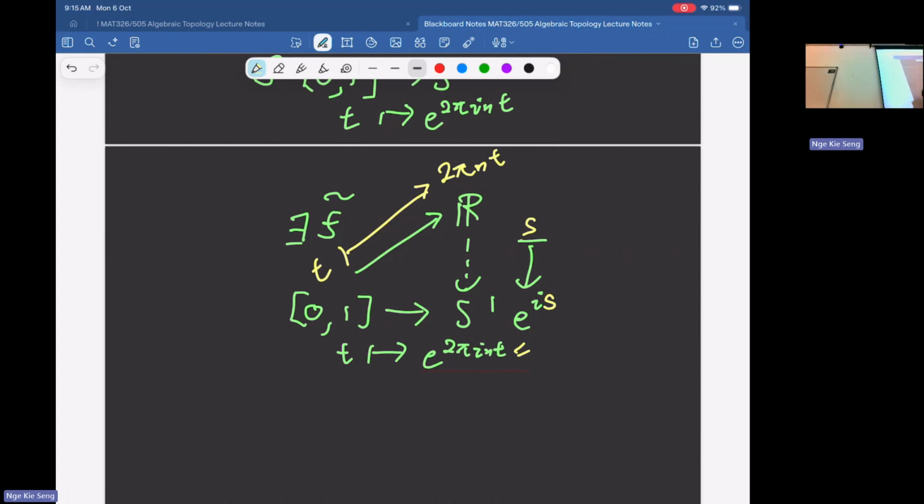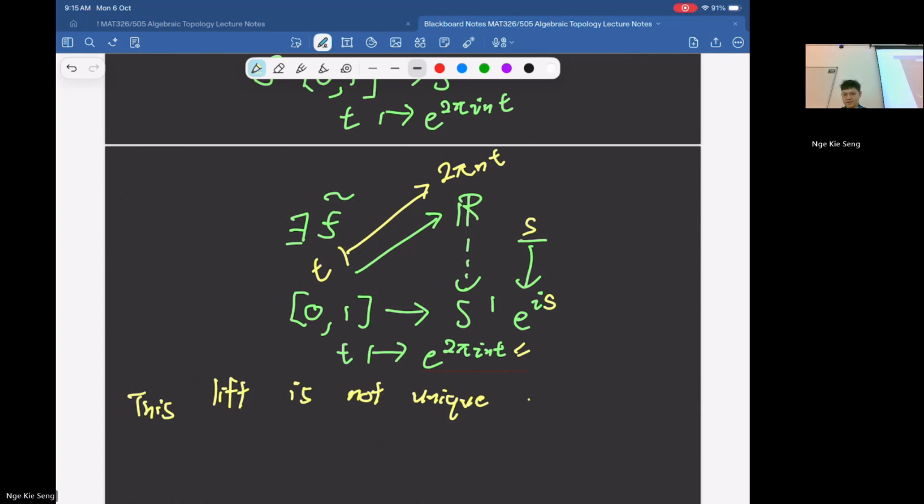e is a periodic function. Right? e is a periodic function, like what I taught in my calculus one class last week. Sine and cos are periodic functions. So e is a periodic function. So this lift is actually not unique. Okay. How is it not unique? What can you do?